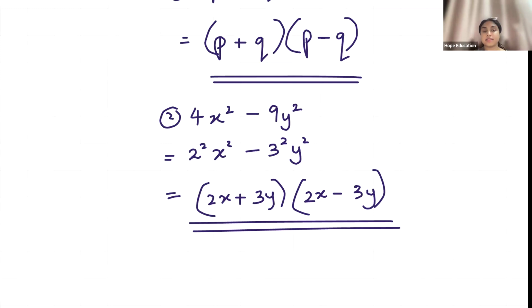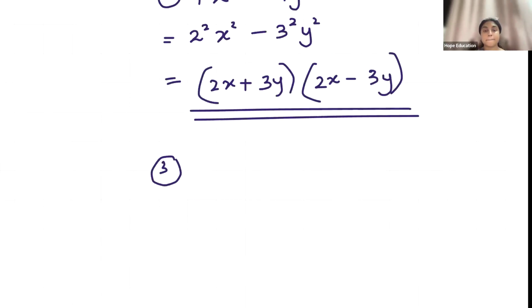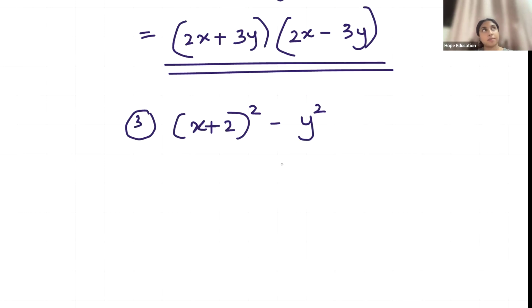What if you get something like this, slightly more complicated? If you consider our third example, can we consider it as a difference of two squares example?